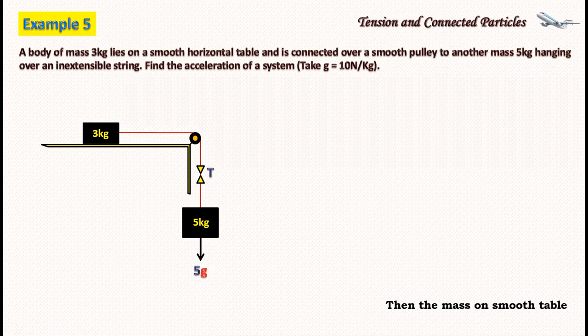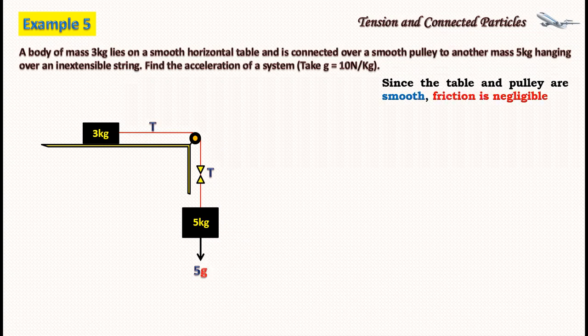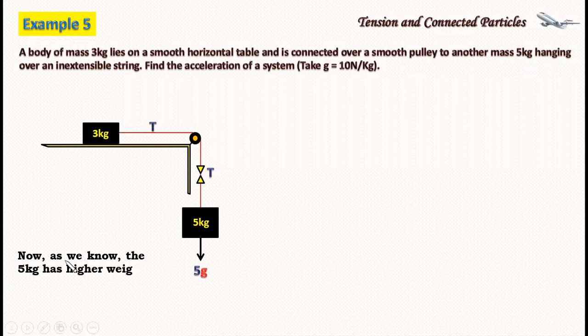So we now look at the mass on the smooth table. The tension is also T. And since the pulley is smooth, the friction is negligible.